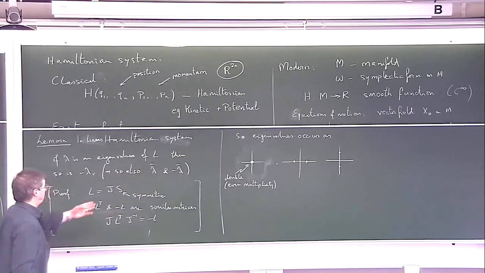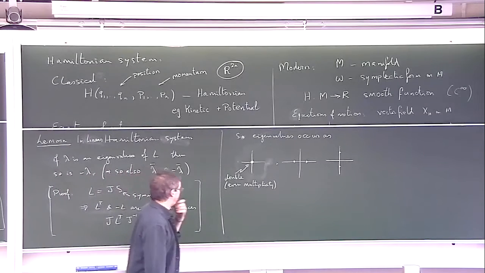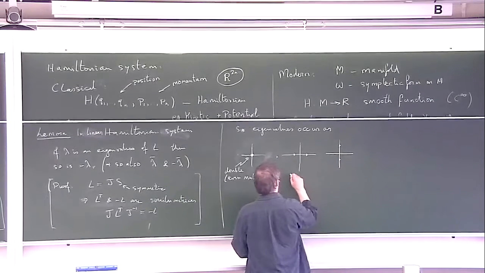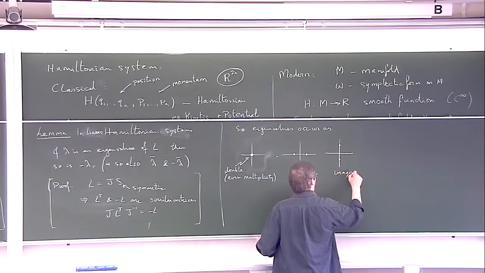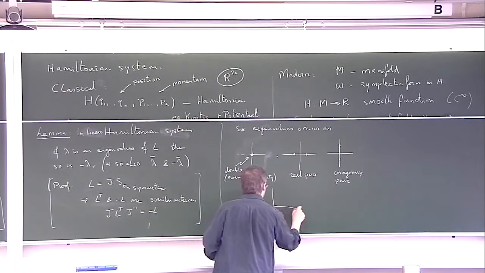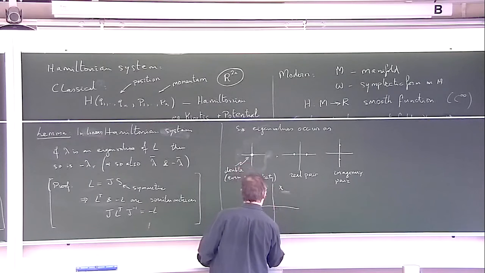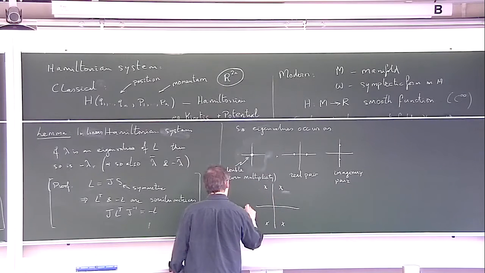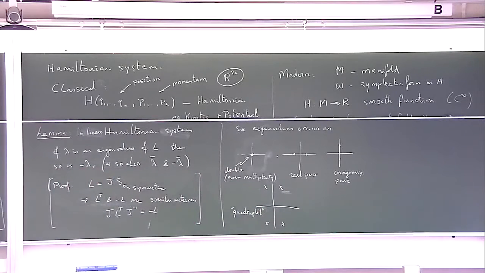That also follows from this general form. If S is degenerate, so 0 is an eigenvalue, then it turns out that it must have even multiplicity. And the final one is the sort of generic case called a quadruplet of eigenvalues.